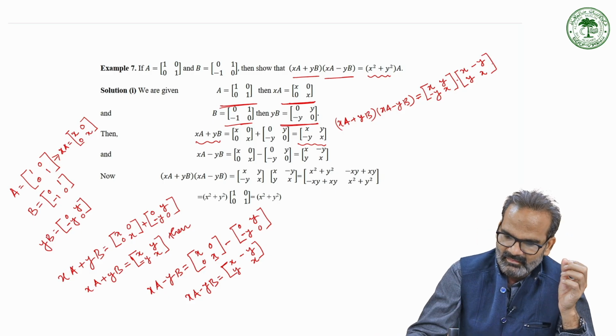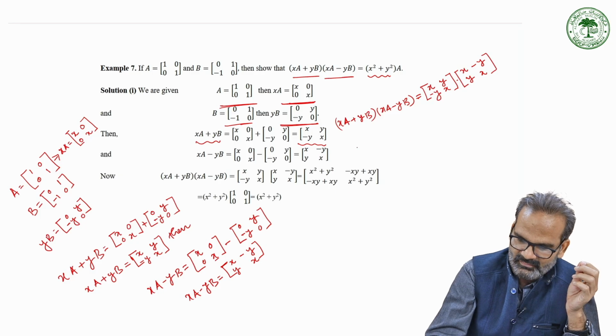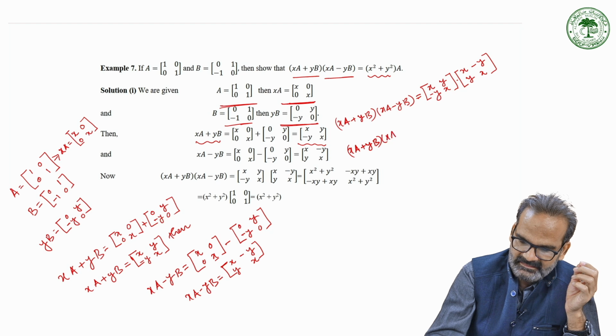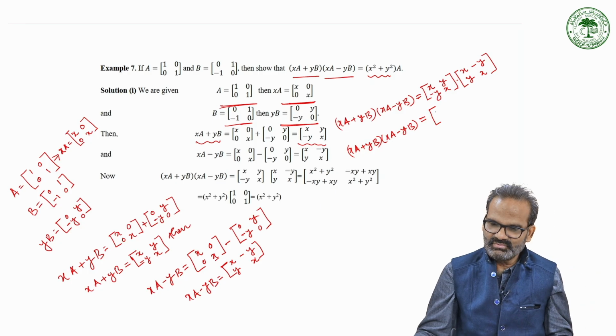Clear? Now you can find out the product of these two, that is XA plus YB and XA minus YB.